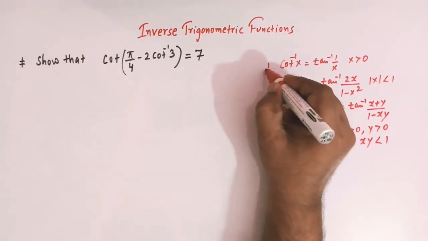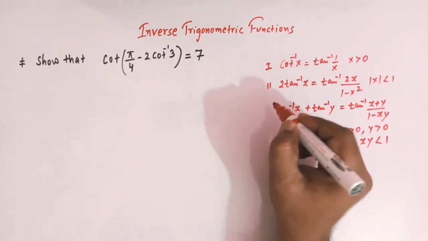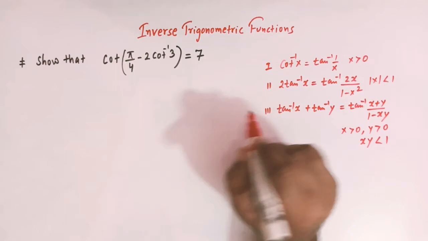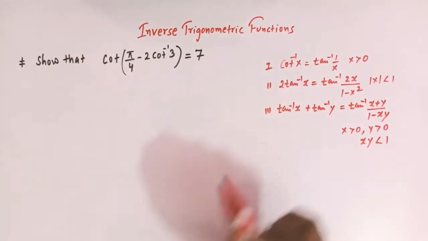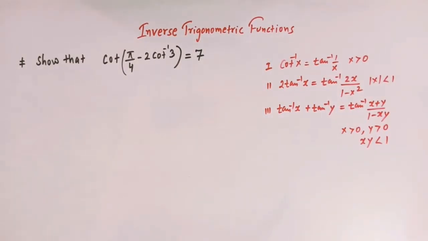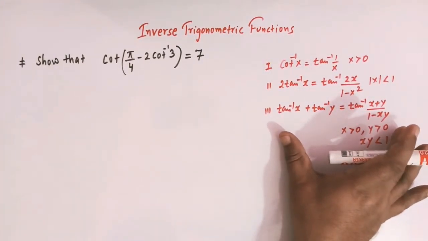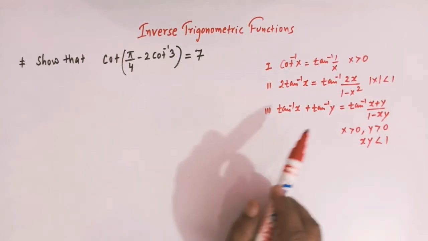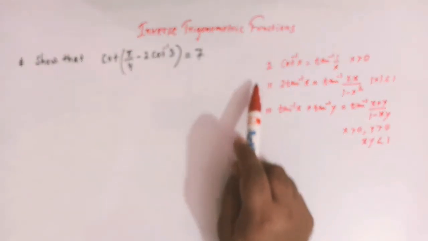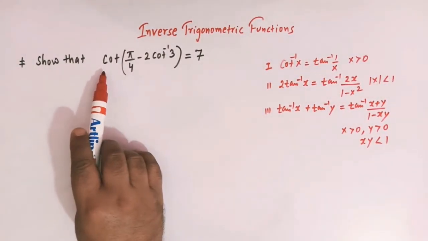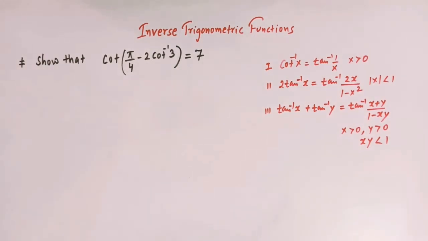So this is the first one, this is the second one, this is the third one. These formulas are very famous results, and we are already aware of them. Now let us see how we can apply these results to prove this statement.